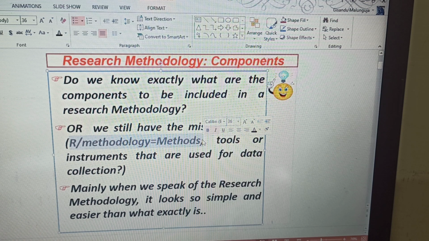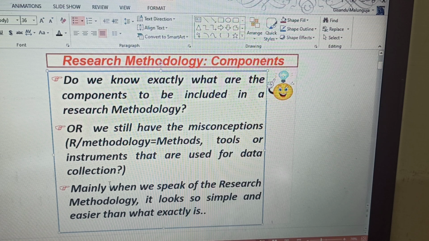I did it purposefully, so that while going through the concept of the research methodology, we won't be confusing the two terms. Although I know most of the time when we speak of the research methodology, what comes to our brain is the so-called research methods, though the research methodology comprises several components.